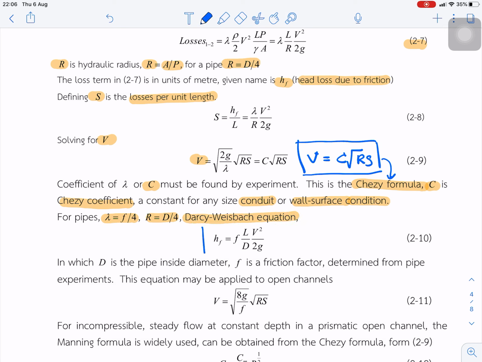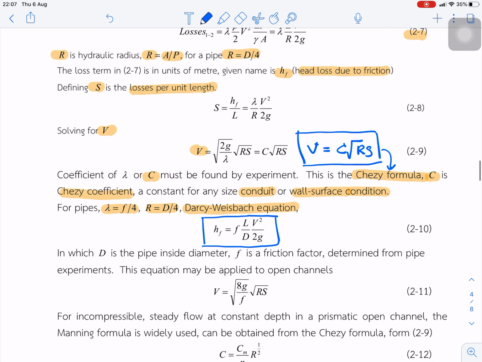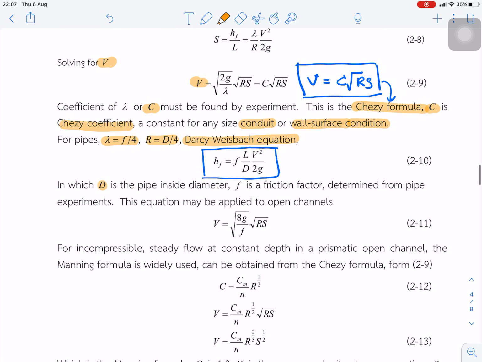This equation is normally used for pipe flow, where d is the diameter of the pipe and f is the friction factor. We have to define f from pipe experiments, and this equation can be applied to open channel flow, and this gives the equation for V.